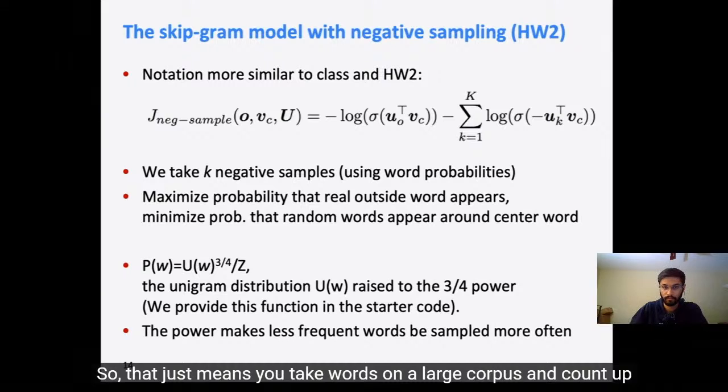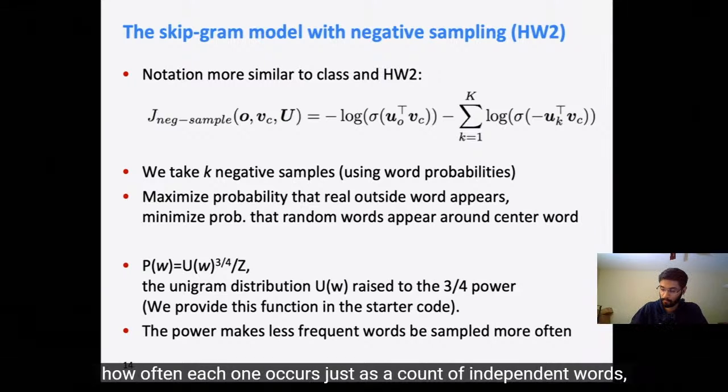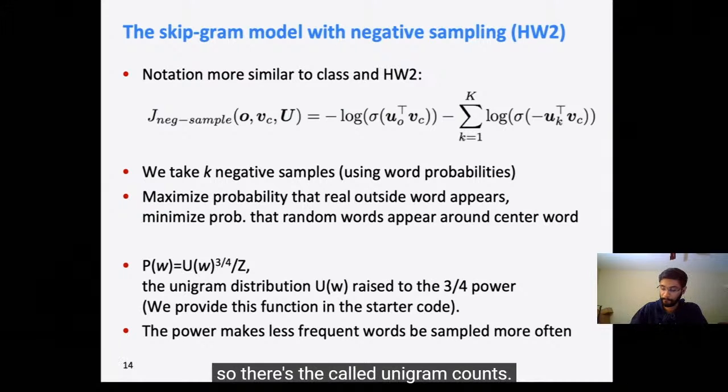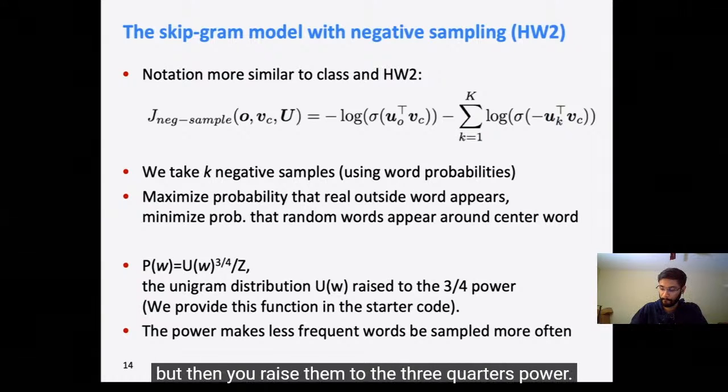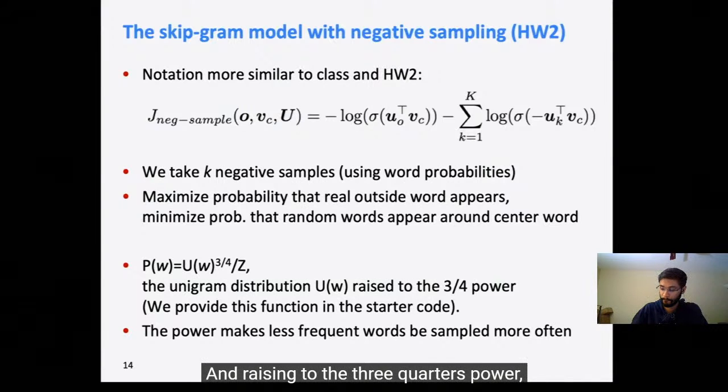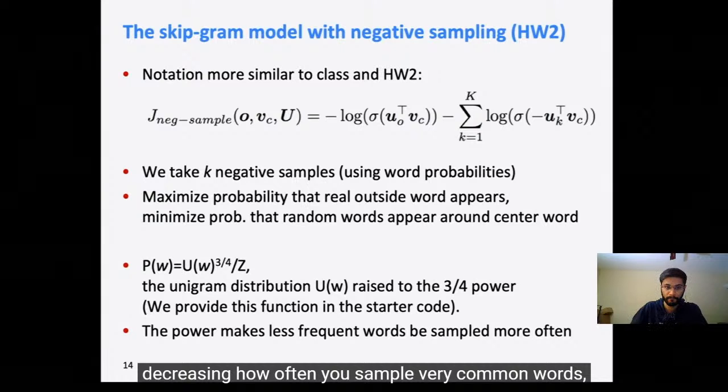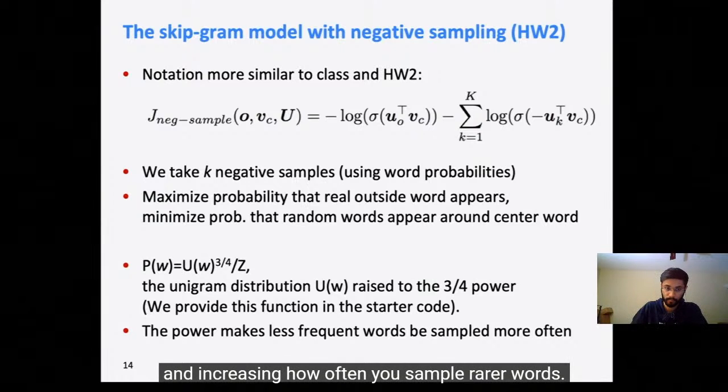That just means you take words in a large corpus and count up how often each one occurs just as a count of independent words. Those are called unigram counts. And so you start off with unigram counts, but then you raise them to the 3/4 power. And raising to the 3/4 power has the effect of decreasing how often you sample very common words and increasing how often you sample rarer words.